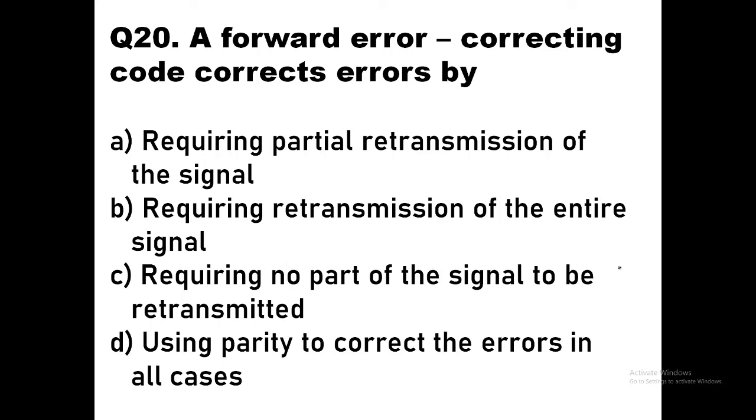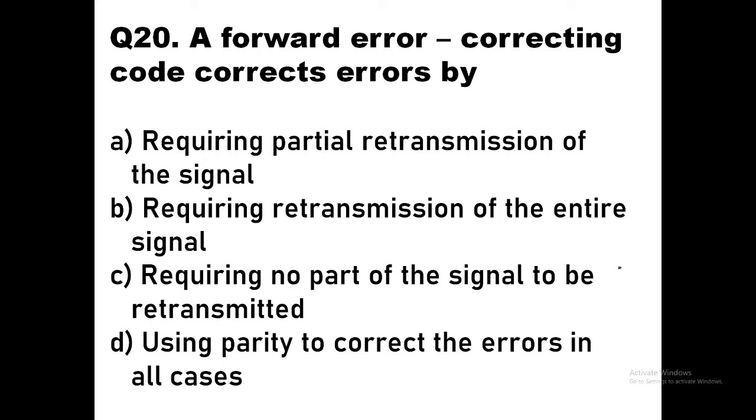If you remember the forward error correcting system, we said with an example that if you use a parity type of generation, and in the receiver, when the data is received, any error that has occurred has a known position. If 1 has become 0 or 0 has become 1, you just invert that bit. That means this technique doesn't require any signal to be retransmitted.